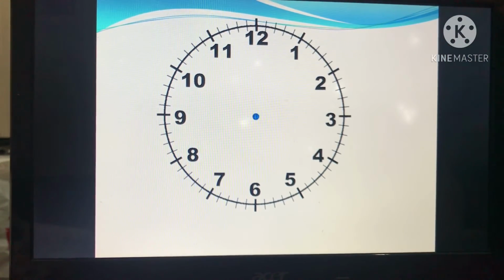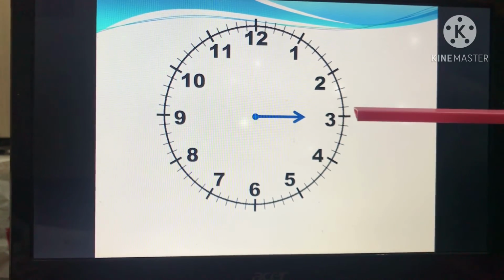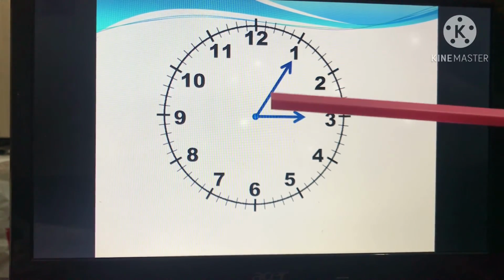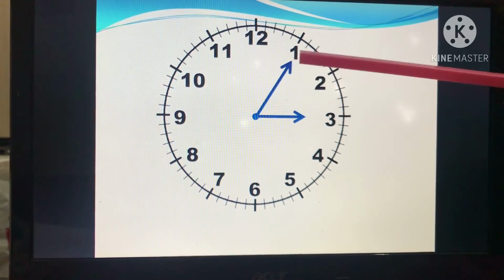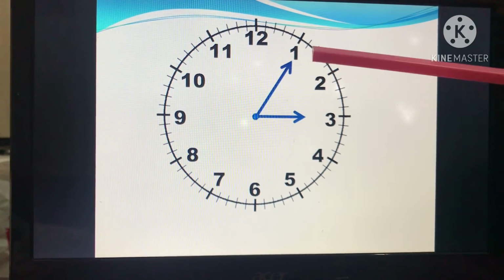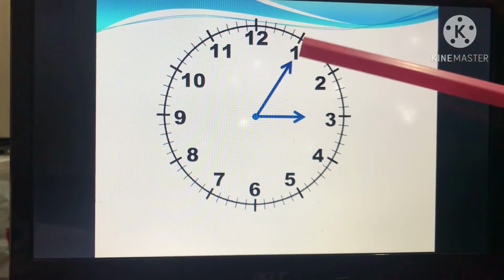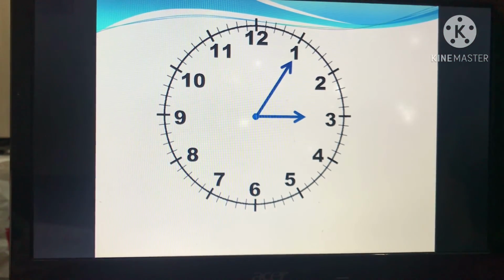So we have here a clock. First is the short hand pointing to number 3. Next is the minute hand pointing to number 1. And number 1 is what minute? Number 1 is 5 minutes.